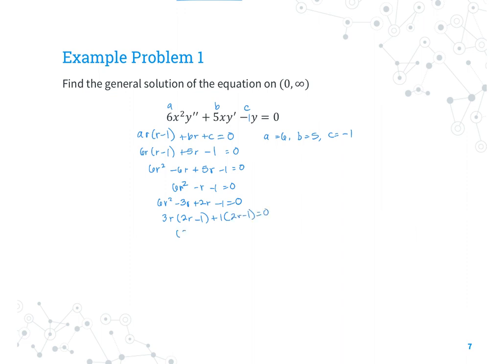So we end up with 3r plus 1 times 2r minus 1 equals 0, or r1 equals negative 1/3, and r2 equals positive 1/2. In this case, we have two distinct roots, so that means y of x is equal to c1 x to the negative 1/3 plus c2 x to the positive 1/2. And that's our solution.